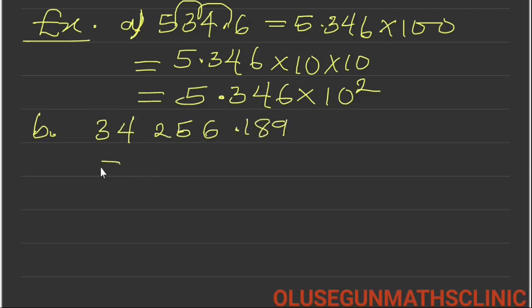34,256.189. So let's also have, now the first thing I said here is that you are going to lift the point backward to go and meet where the 3 is.